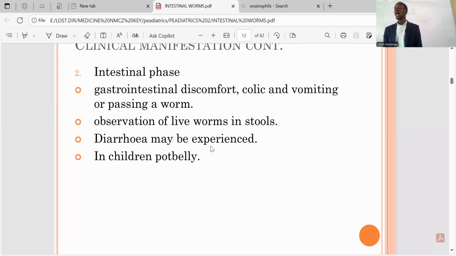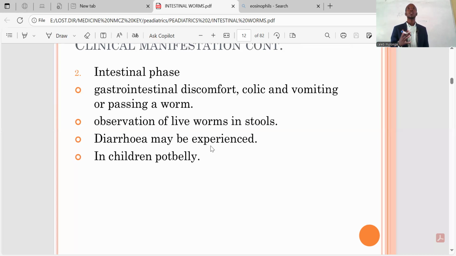Number two, we have abdominal colic. This is basically abdominal pain. Why do we have abdominal pain in this condition? Anyone?